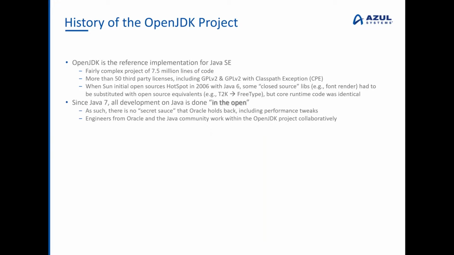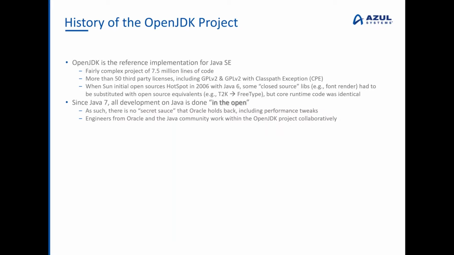The other good news with the OpenJDK project is, since Java 7, all development is done truly in the open. I often get questions about, does Oracle hold back any contributions? Are they doing special development in Java 15 right now that they're going to contribute in a couple of weeks that they only keep for their proprietary distribution and they don't make available to the community?